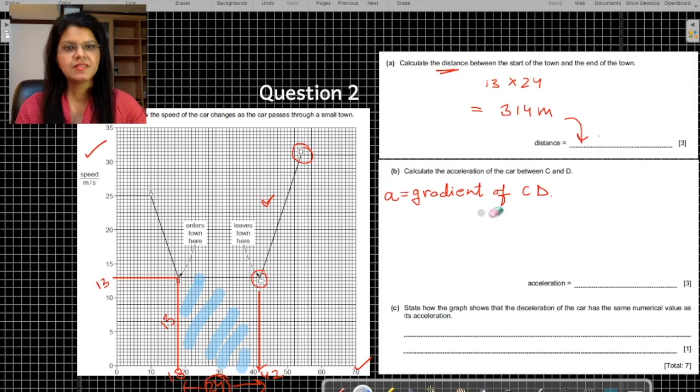Right? So how do you find the gradient? You need to determine the endpoints. What are the coordinates of D?